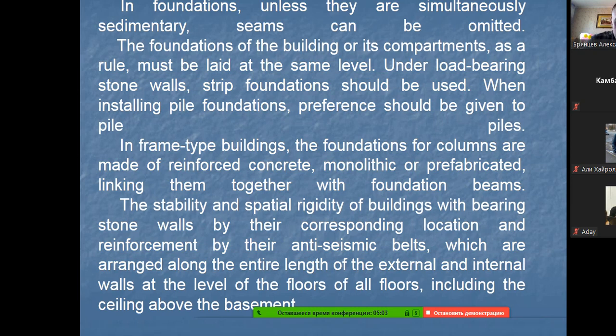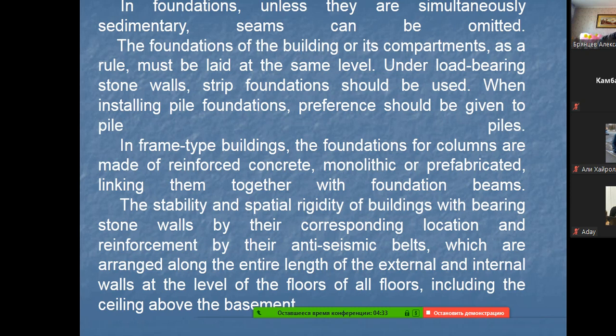So, anti-seismic belts. Anti-seismic belts are used to increase the bearing capacity of external and internal walls. Most of all, they are located above the windows and installed lintels, and under the ceiling, under the roof, under the covering.